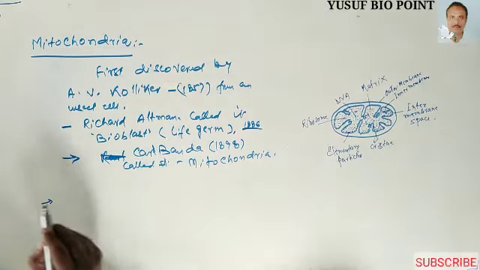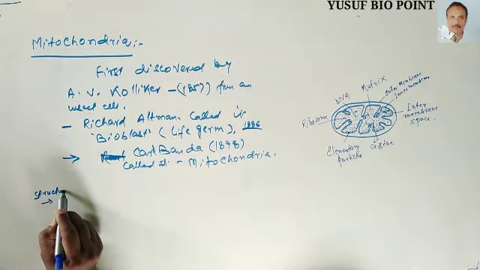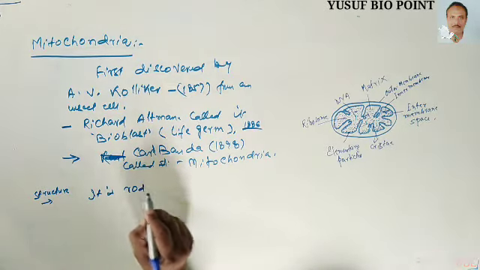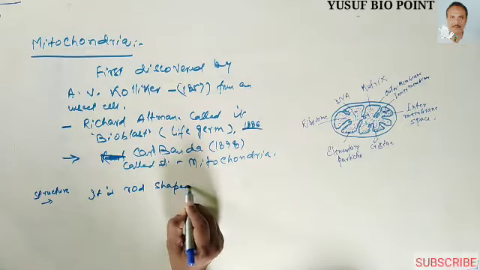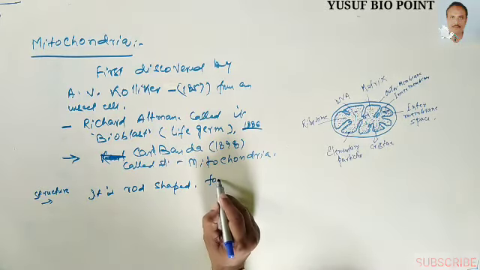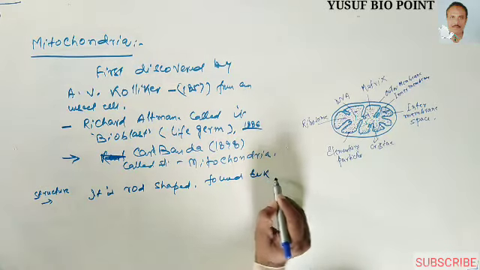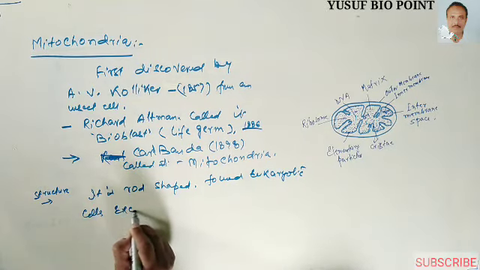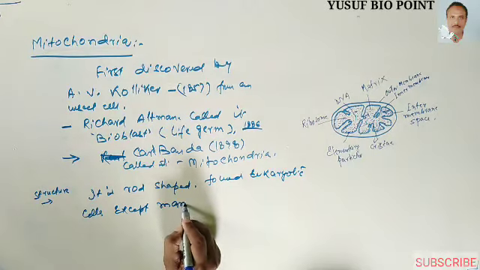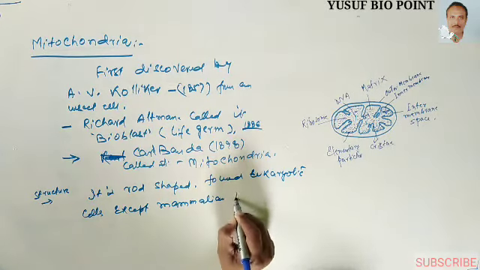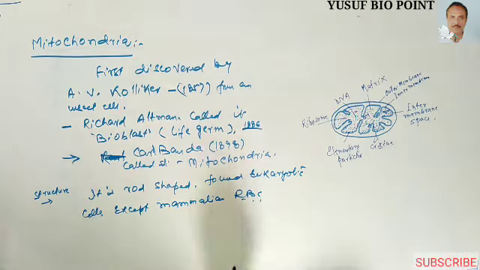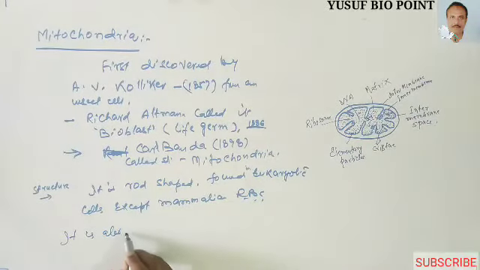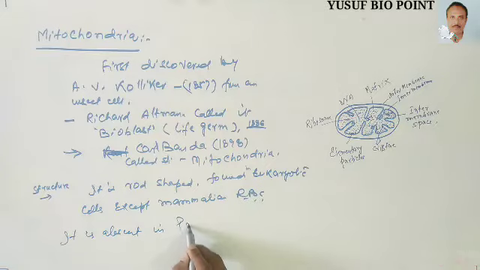Now it is about its structure. It is rod-shaped, found in eukaryotic cells except mammalian red blood cells. It is absent in prokaryotic cells.